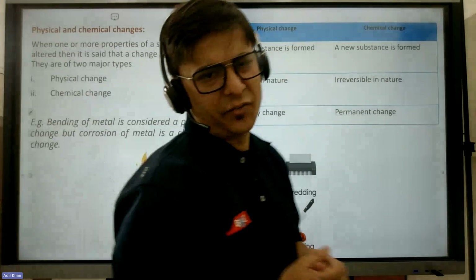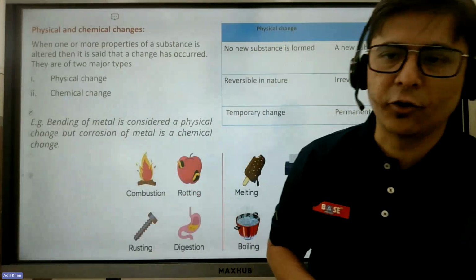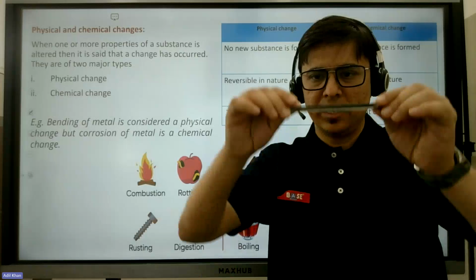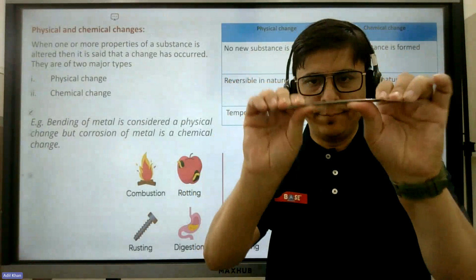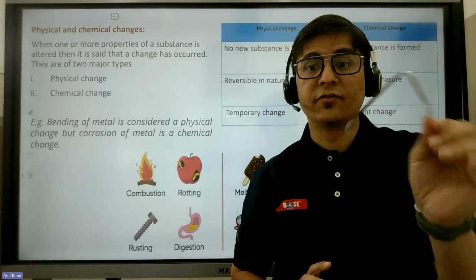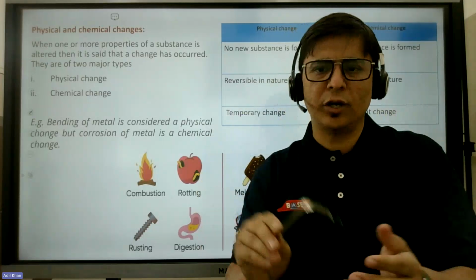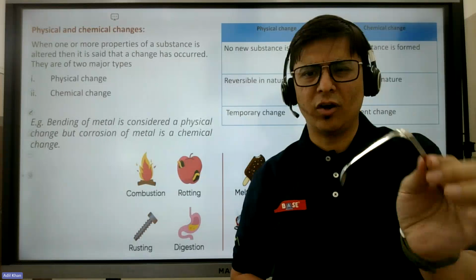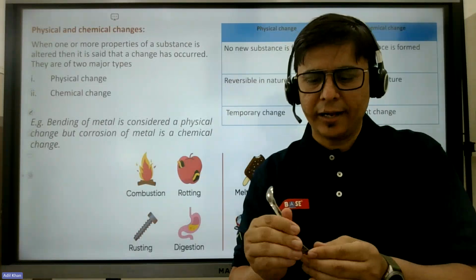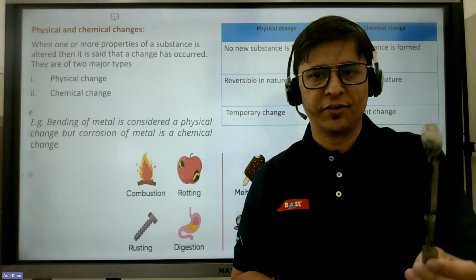There are two types of changes, physical and chemical changes. For example, if I take an iron rod, suppose this is my spatula, which is made up of a metal, and when I bend it, which type of change is it? It is called physical change, because it is still the spatula or iron rod or any metallic rod. I can make it straight again. So this is reversible in nature.